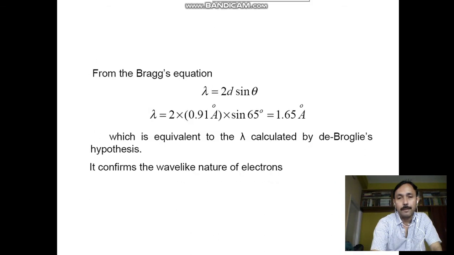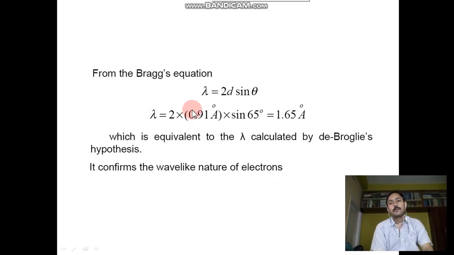From Bragg's law, it is 1.65 angstrom. That means both the experimental value and the theoretical value are almost the same. So it confirms the wave-like nature of the electrons.